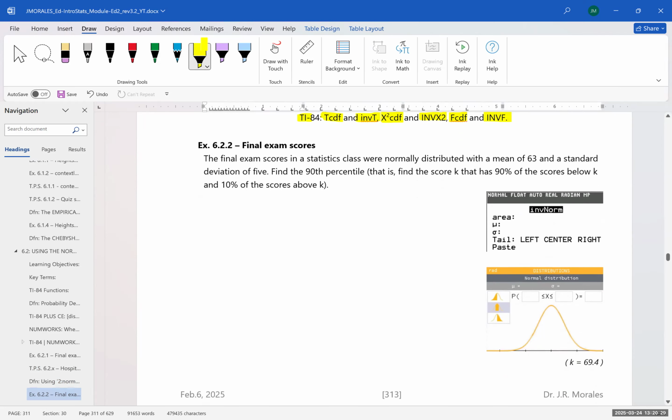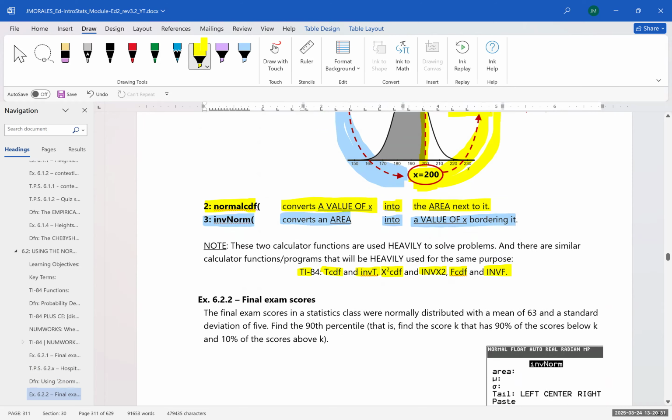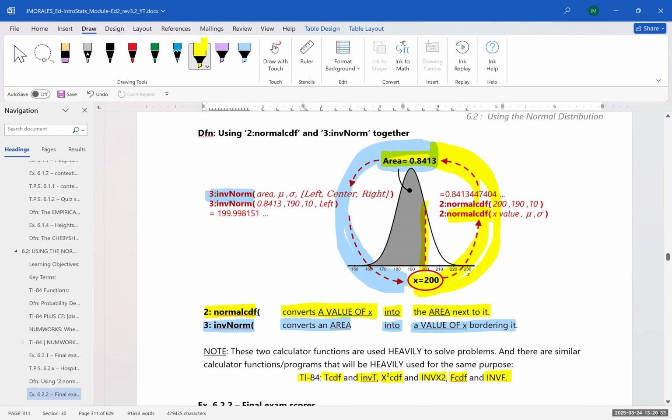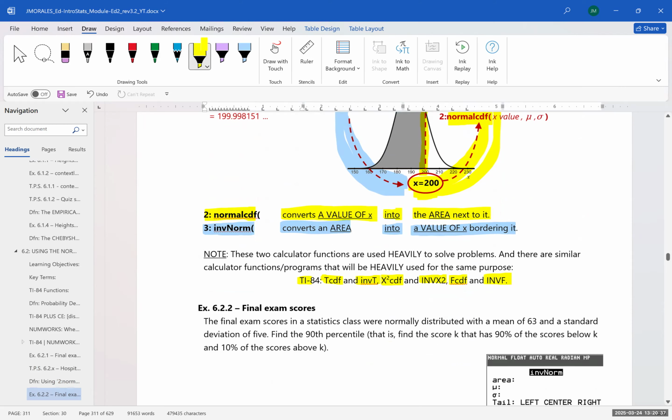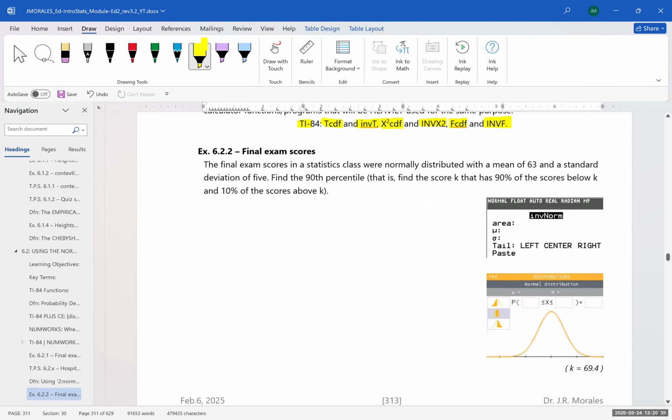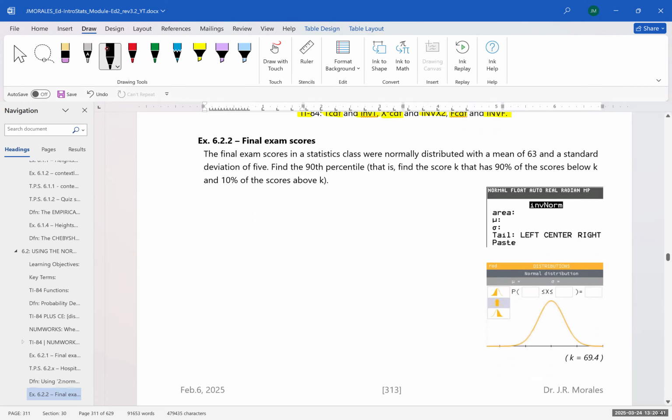Let's take a look at our first example using an inverse distribution function to go from an area to a value of X. Final exam scores. The final exam scores in a statistics class were normally distributed with a mean of 63 and a standard deviation of 5.